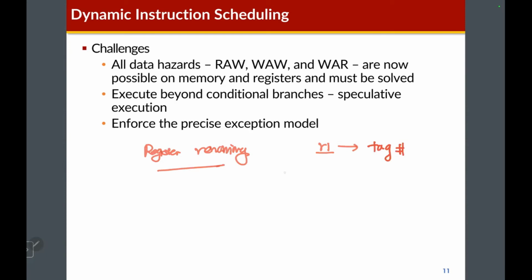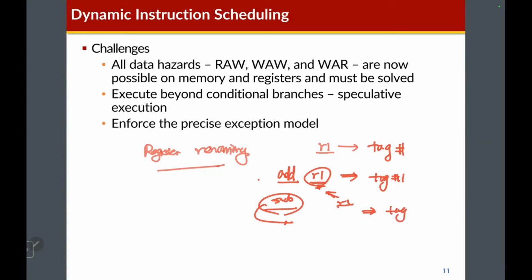Like an add instruction trying to update data in R1, the destination register. When the add instruction is dispatched, before execution, R1 is renamed to the tag number. Then following instructions like a sub instruction that requires the data from R1, the operand of the sub instruction is also changed to the same tag number.